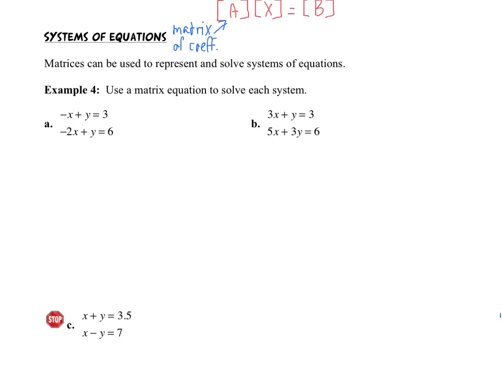The numbers in front of the variables. Matrix X is your matrix of variables. And matrix B is your constant matrix.